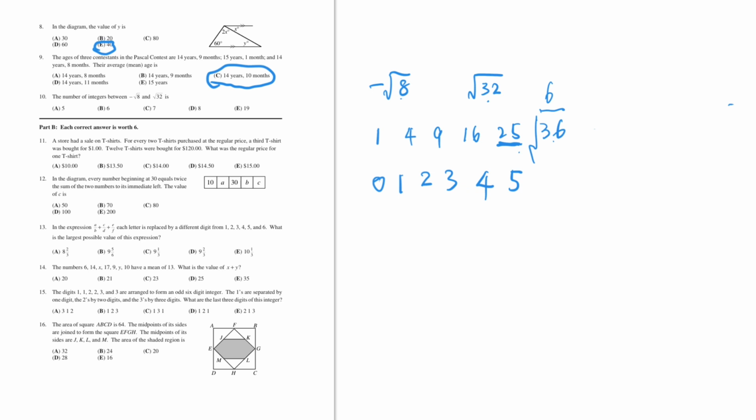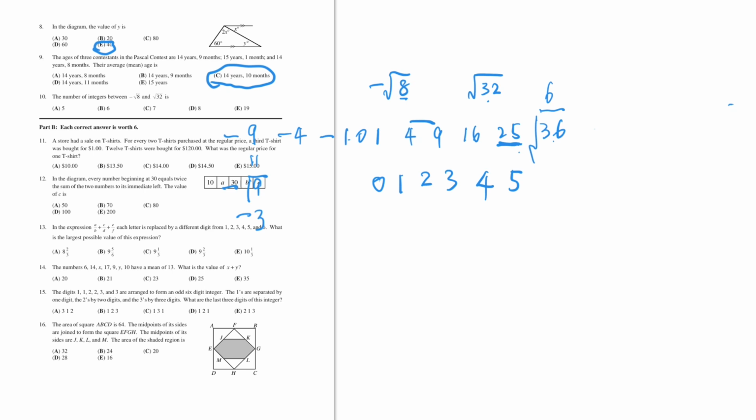And 8 is between 4 and 9 for the negative side. Negative 1, negative 4, negative 9. The square root of 9 is 3, so negative square root 9 is negative 3.